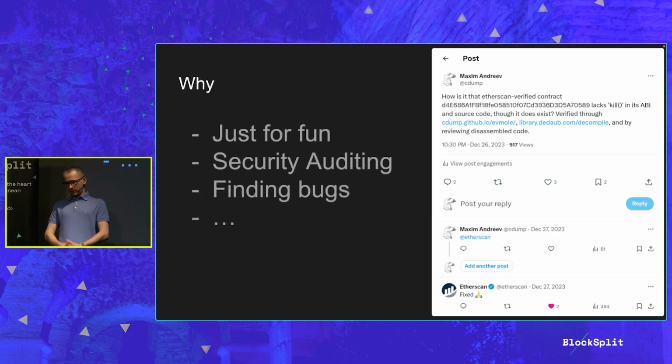And the third interesting point is finding bugs. You can see the screenshot of the Twitter thread which I posted. I found that for some contract which is verified on Etherscan, its ABI and source code lacked a kill function.